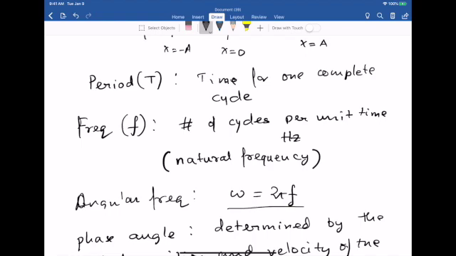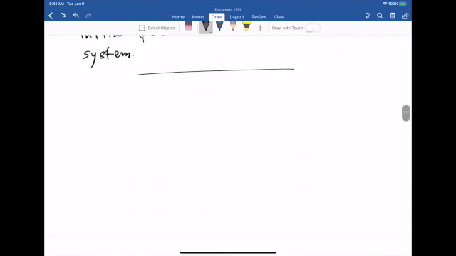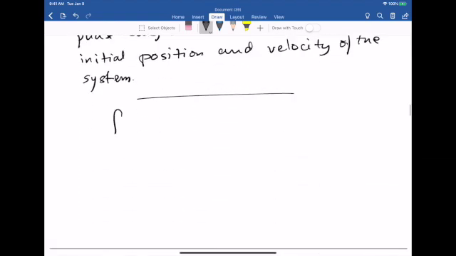Suppose the system is doing 5 cycles per second, so the frequency f is equal to 5 hertz, which just means 5 cycles per second. Can you figure out the time period from that?